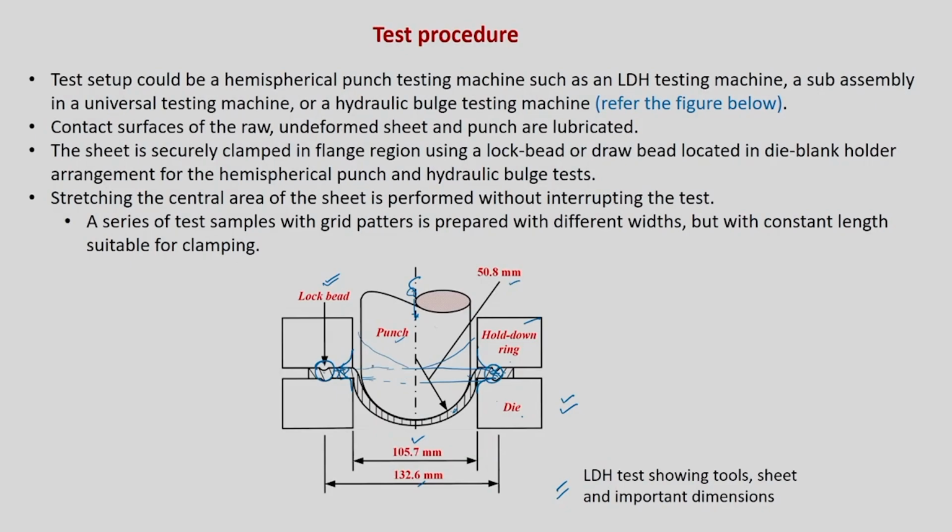The only thing is, in mechanical clamping you have to make sure that the sheet is not drawing in. I have also said that the contact surfaces of the raw undeformed sheet and punch are lubricated. The sheet is securely clamped in the flange region using a lock bead or a draw bead, located in the die blank holder arrangement, for the hemispherical punch and hydraulic bulge test. Hydraulic bulge test, what is it, we will see separately.